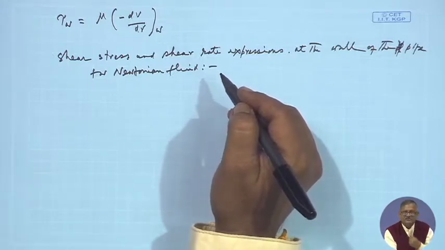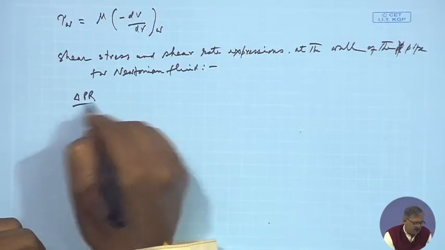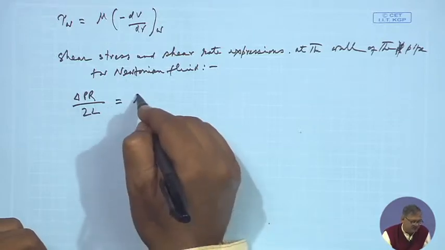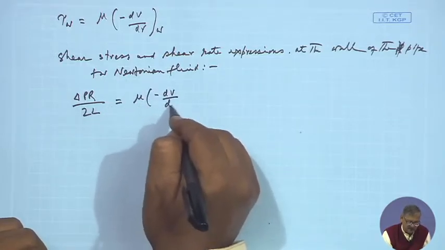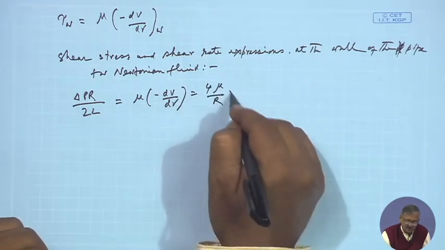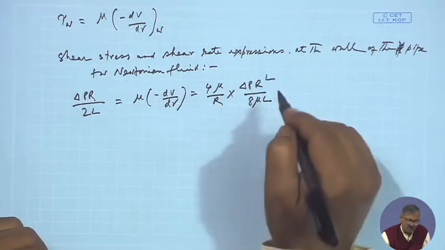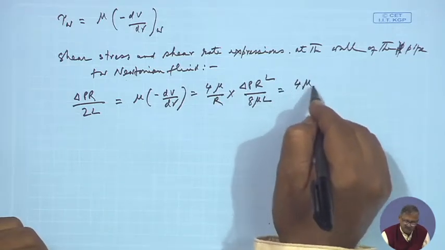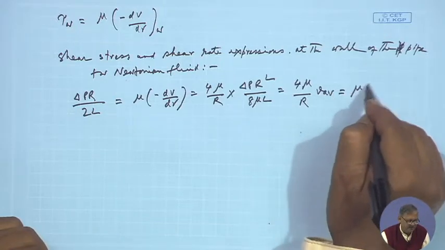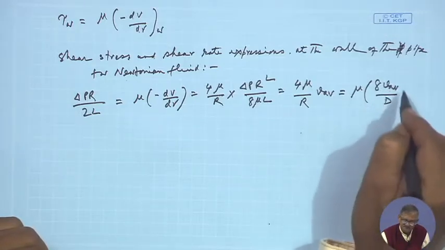So, if we do it for the Newtonian fluid, then it was delta P R by 2 L or delta P D by 4 L. This was mu minus dV dr, right. This was 4 mu by R into delta P R square by 8 mu L is equals to 4 mu by R into V average is equals to mu into 8 V average by D, right.